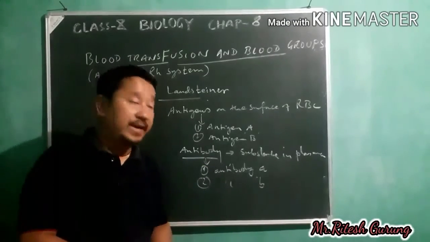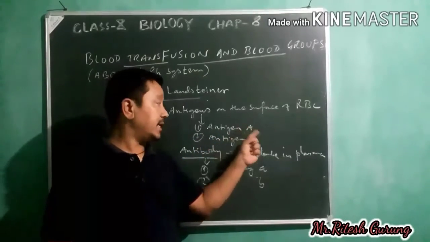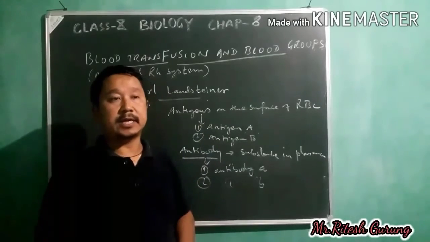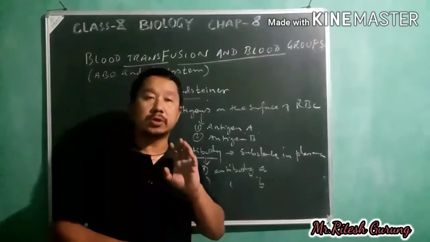Now, based on these two types of antigens, antigen A and antigen B, blood groups have been grouped into four types.